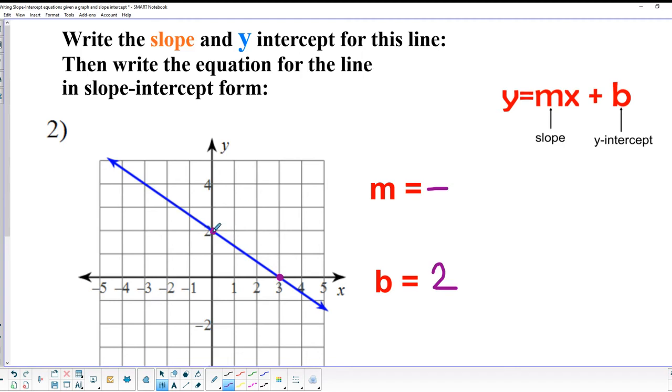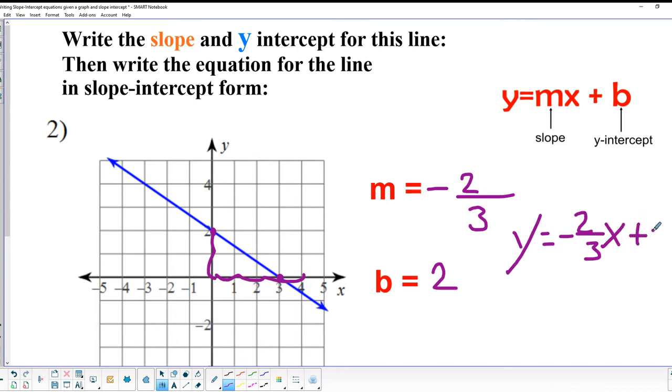So to go from the left point to the right point, I go down 2 and over 1, 2, 3, over 3 like that. So then my equation would be y equals negative 2/3 x plus 2. And I've written the equation for that line.